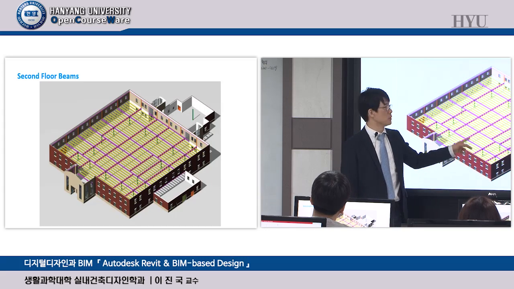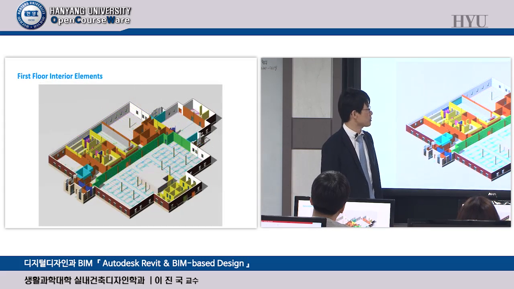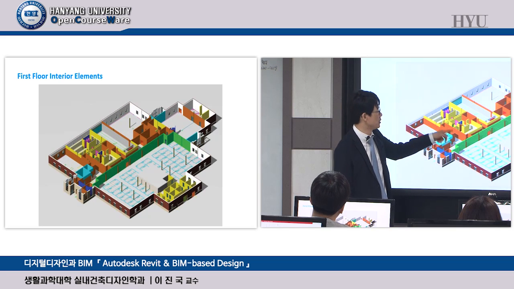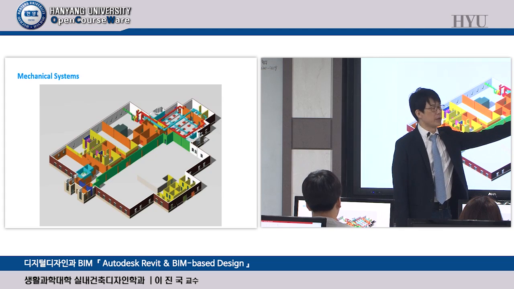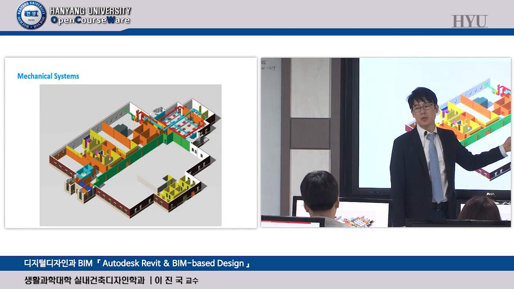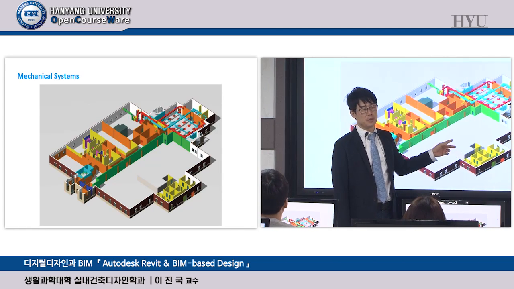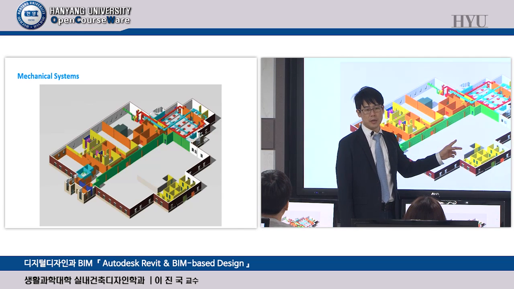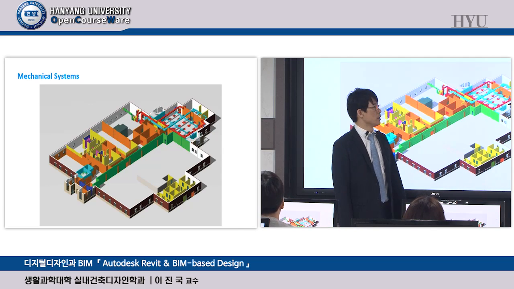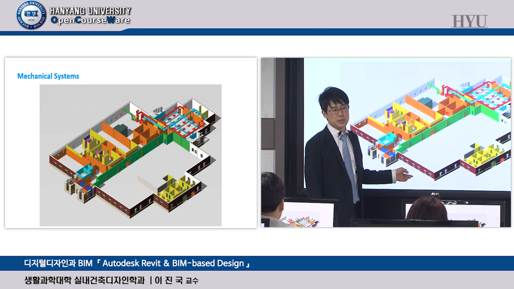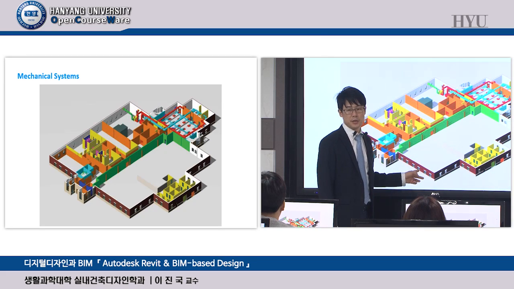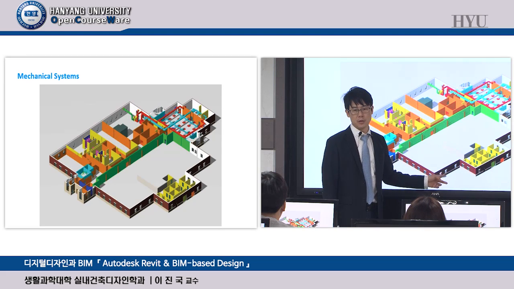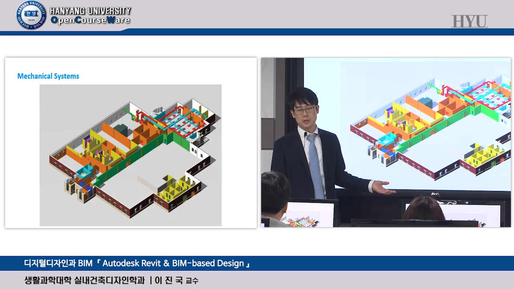Additional truss for the ceiling structure, and the first floor's interior walls and some interior columns, and take a look, the mechanical system, the so-called MEP system. MEP system means mechanical, electrical, and plumbing, okay? And HVAC system means heating, ventilation, and air conditioning. Without such systems, a building cannot run, okay?